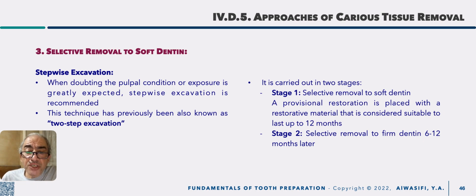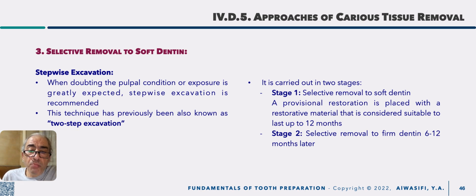Then apply a provisional restoration that will help the tissue to be remineralized. Apply this material, let us say calcium hydroxide and glass ionomer, for up to 12 months.